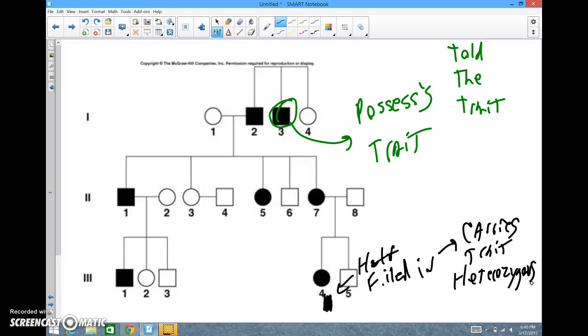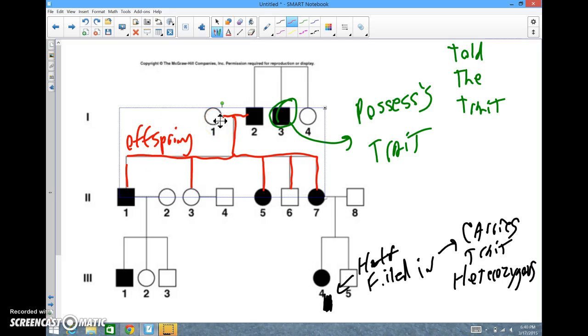Let's see, what else? We did discuss how this line that I'm tracing in red right now means that every one of these people connected to that line are the offspring of those parents. And I think that might be all the key terms here.